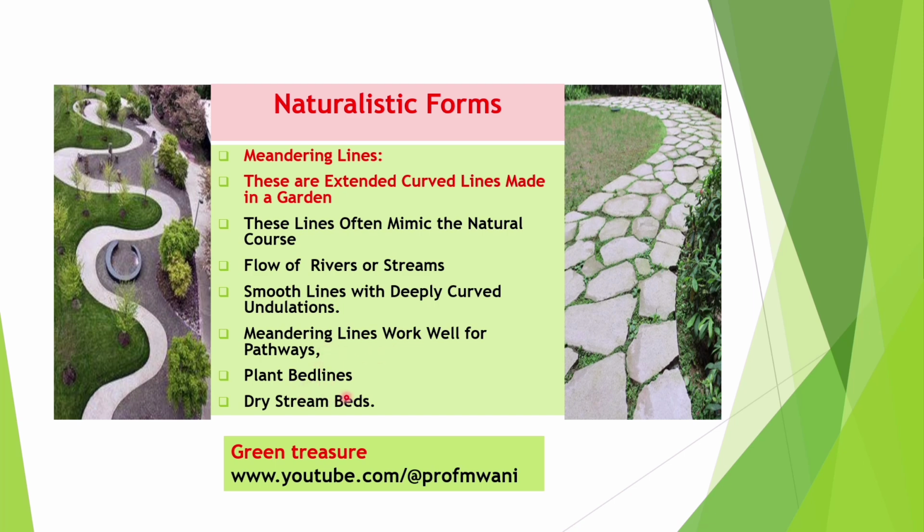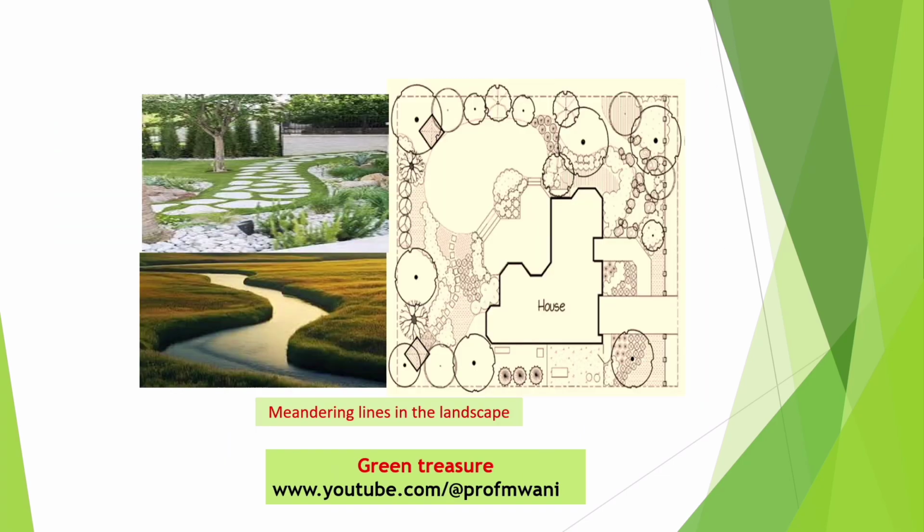These are naturalistic forms. These are the lines which are mimicking certain natural courses, as this is looking like a river. So this is exactly how, or it can be made this way also. These are the meandering lines. Or you can see how a meandering line is mimicking a curve. You are making the path with stones.